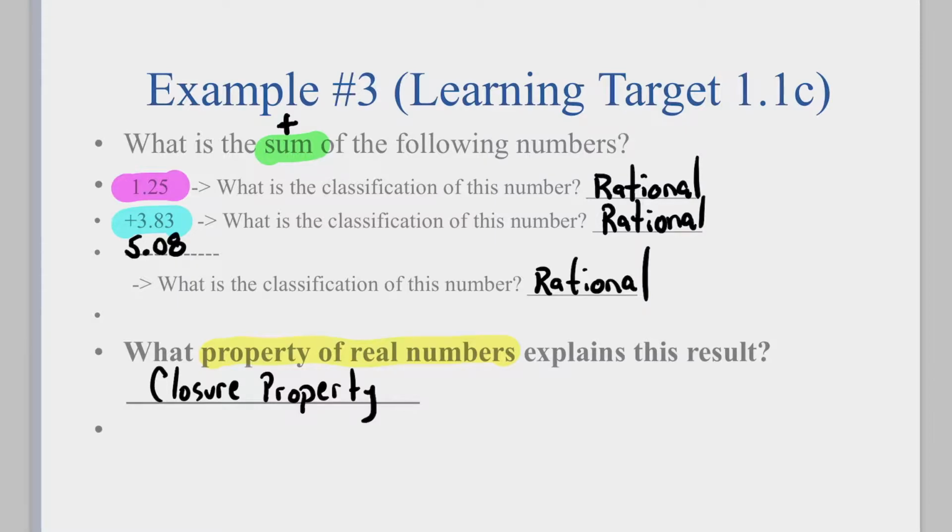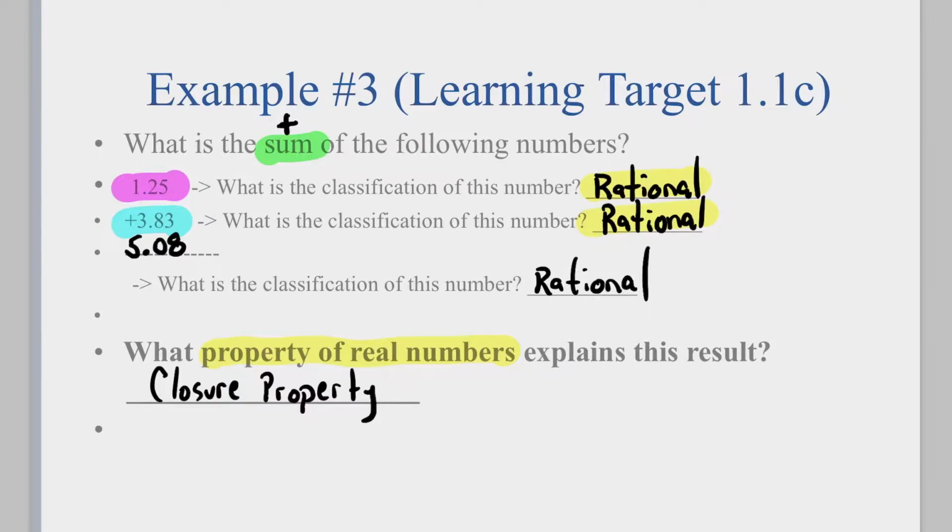But in summary, what the closure property says is that any operation, and in this case our operation was addition, performed on any two numbers from the same set, in this case a set of rational numbers, okay?